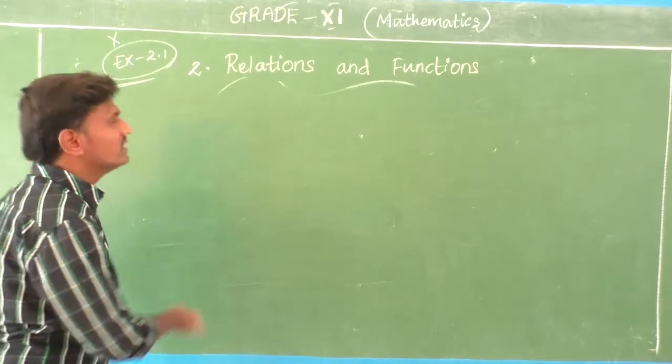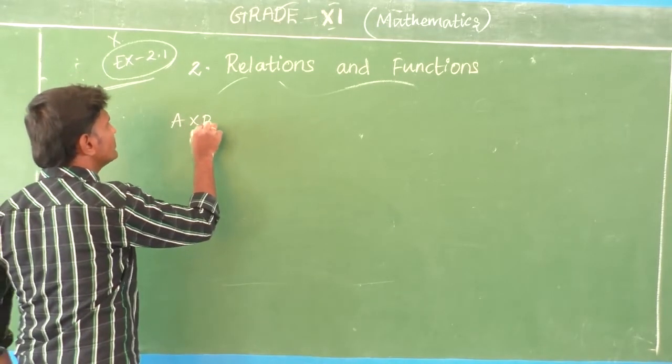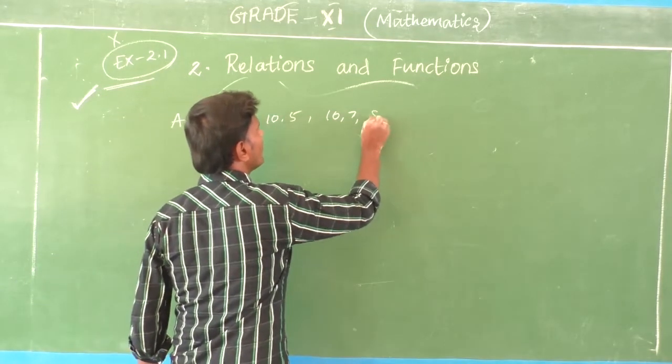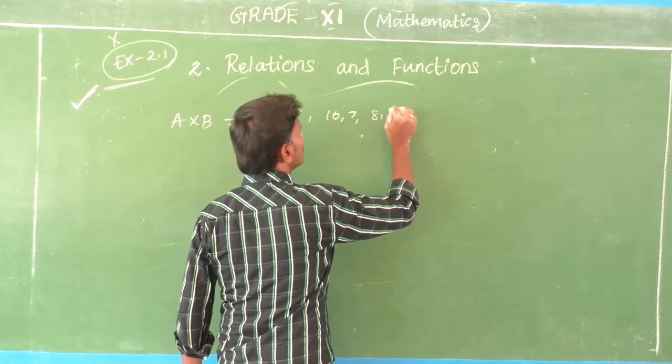See students, suppose A cross B is given, that is 10, 5; 10, 7; 8, 5, like that.